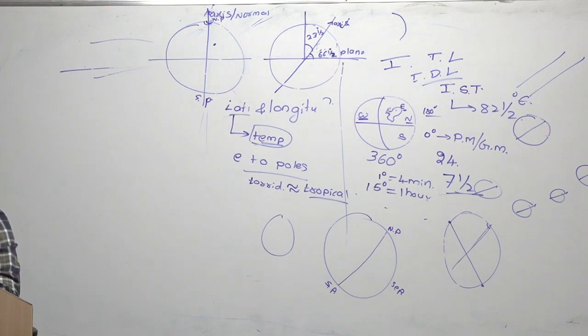Full stop. Solstice means the position of the sun reaching its highest position.